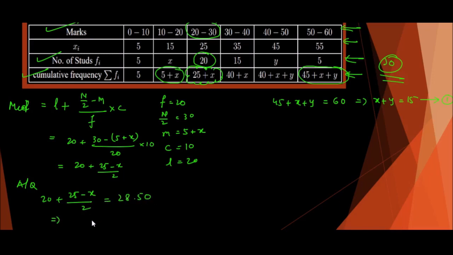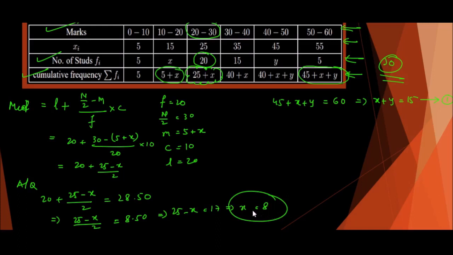So from here, 25 minus x by 2 is equal to 8.50, so 25 minus x is 17. So from here, if you calculate, you will get x equals 8.